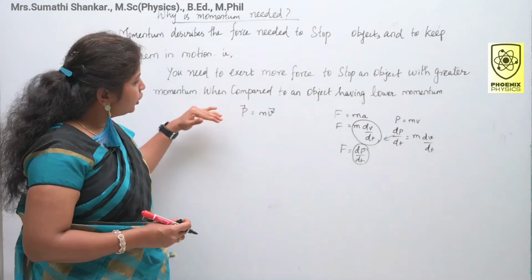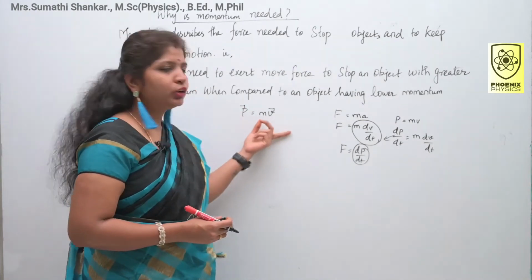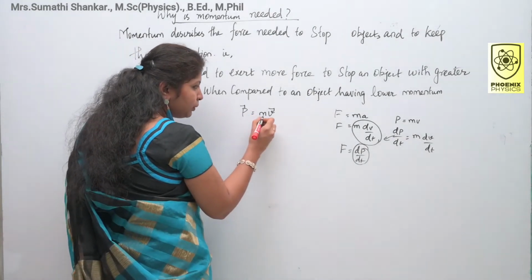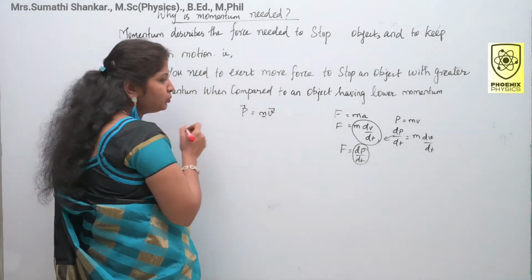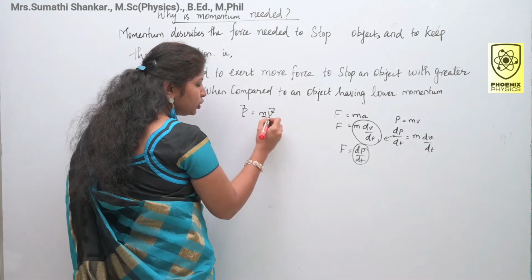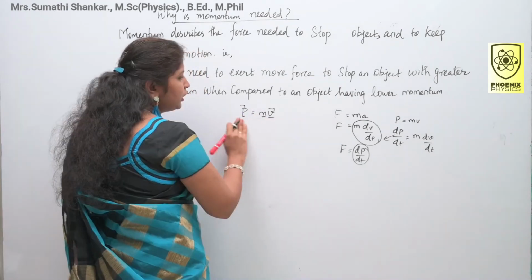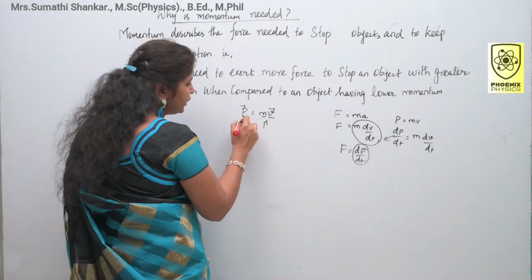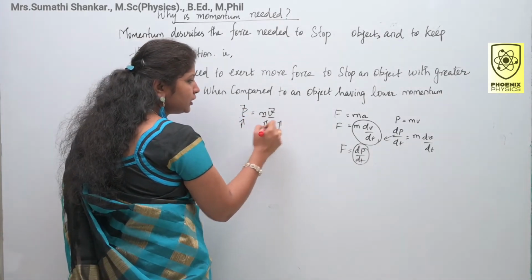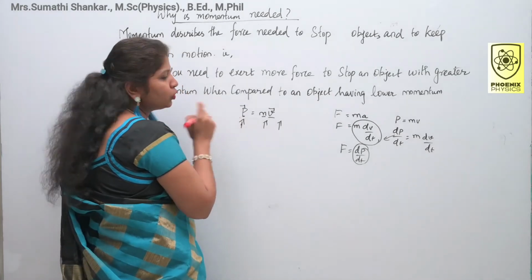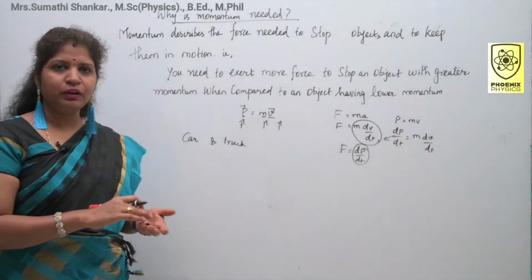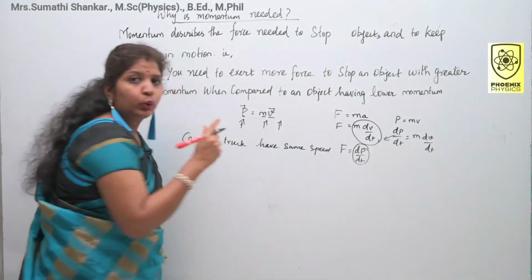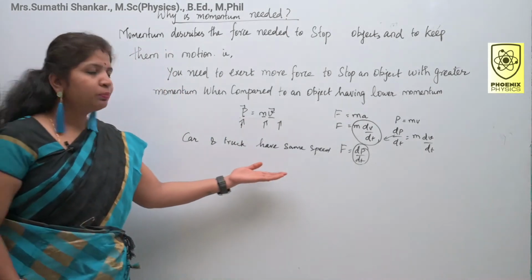Next one is, you know the relation P is equal to mv. What is the meaning? P is directly proportional to mass of the object and directly proportional to its velocity. If mass increases, P will also increase. If velocity increases, P will also increase. For example, if both car and truck have same speed, which one can be stopped first?